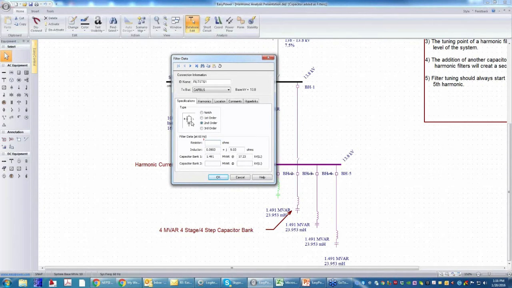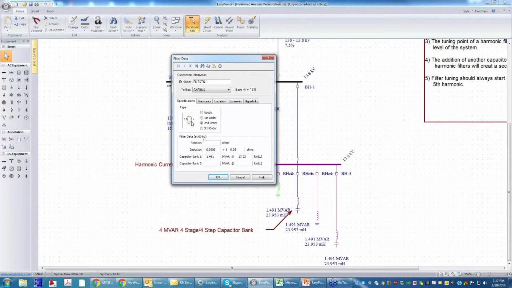So as you're designing your filter and you're looking for improved performance at higher frequencies, typically you start off with a high value resistance to have a very low level of losses, and you find that the system isn't performing quite well enough, your voltage distortion is too high or your current distortion is too high. You continue to decrease the value of ohms until you get some sort of system that meets IEEE 519 or meets the performance objectives of your study.